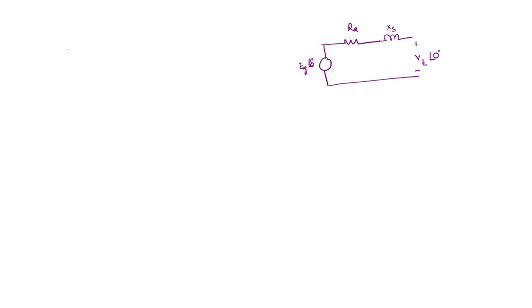Okay. So we can write down the expression for armature current. This will be equal to Eg angle delta minus Vt angle 0 degrees divided by Ra plus jXs. Okay. So now you're going to get some magnitude and some angle, right? Now once you find that out, then the complex power, the total output complex power, is going to be 3 times Vt into Ia conjugate.